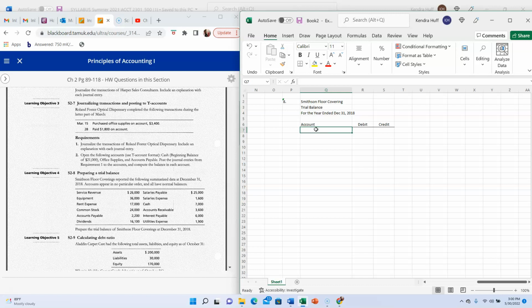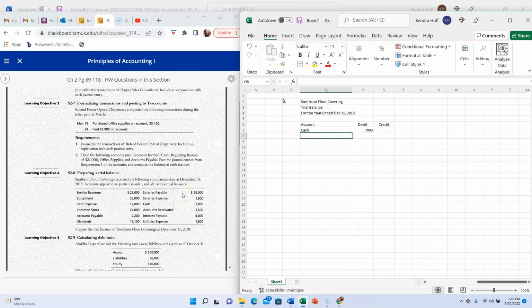All right, so they're listed in financial statement order. So it should be assets, liabilities, equity, and then revenue and expenses. And you always start with cash. So I'm going to do my cash of $7,000. All right, and I'm going to go through and try to find the other assets.